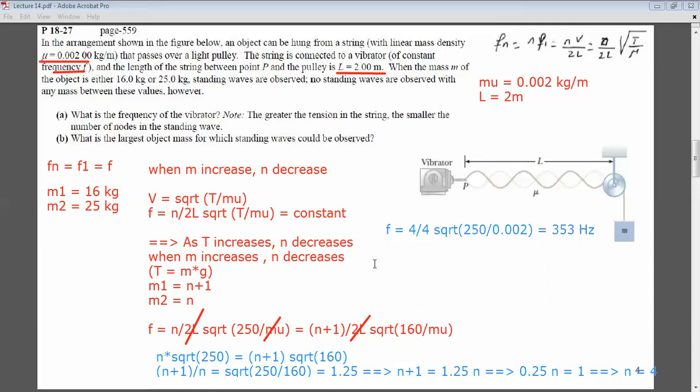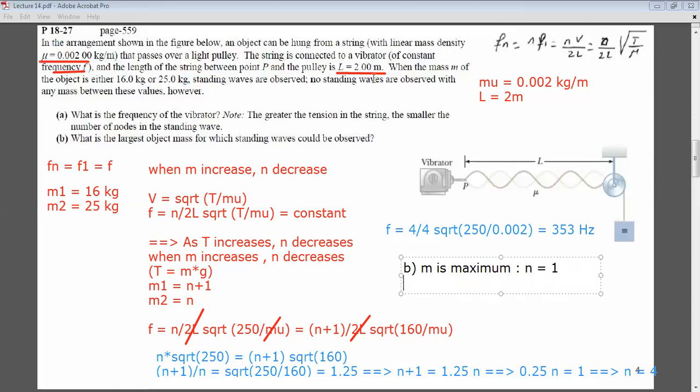Now, part B, let's do it here. What is the largest object mass for which standing waves could be observed? Remember, we want the largest object mass. Remember, as mass increases, N decreases, so if M is maximum, how much should N be? N should be minimum, which is 1.